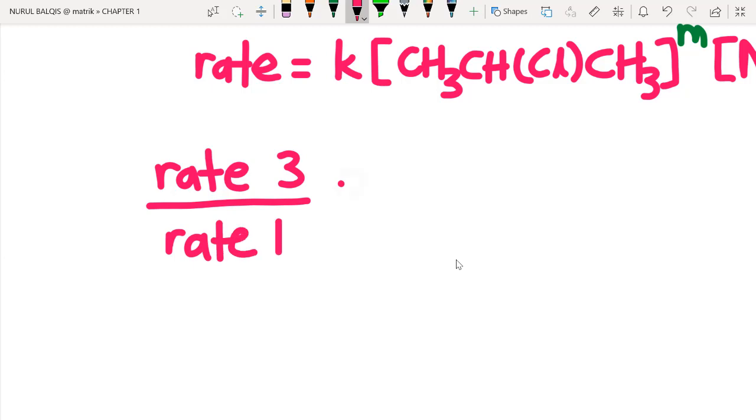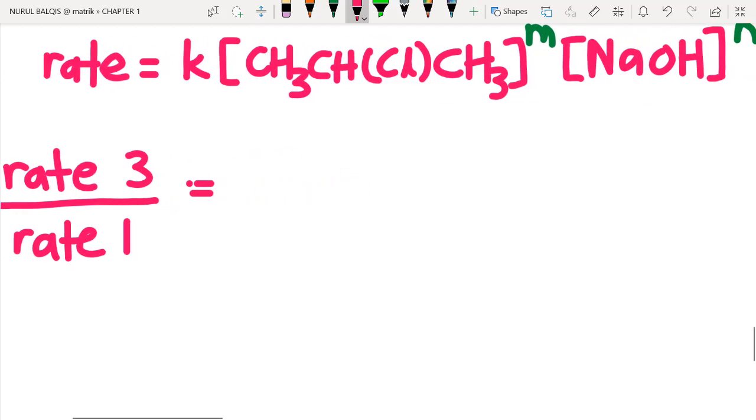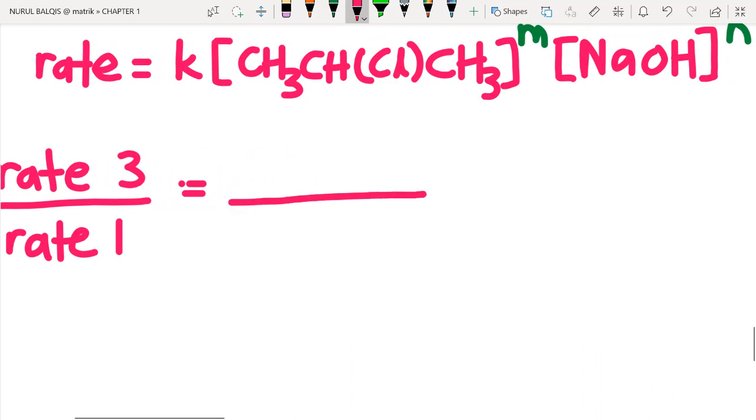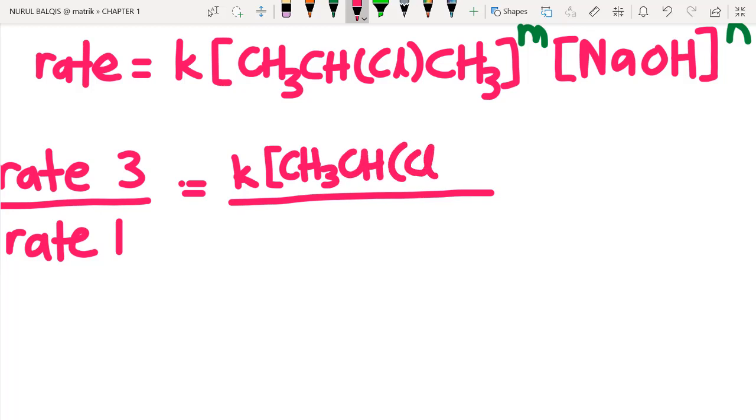We're going to substitute everything in here, so we write k, the concentration of CH3CH2Cl, and then we have k, the same thing here.